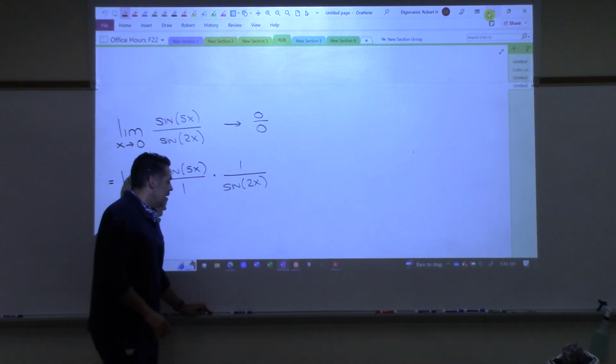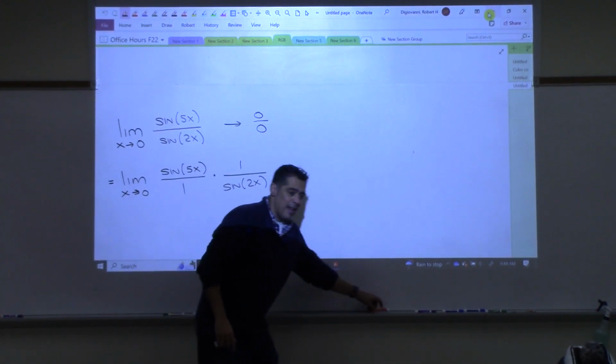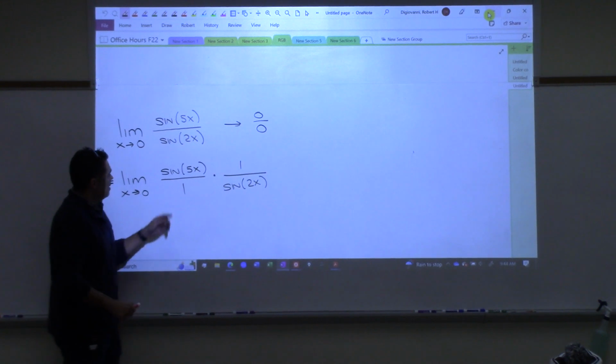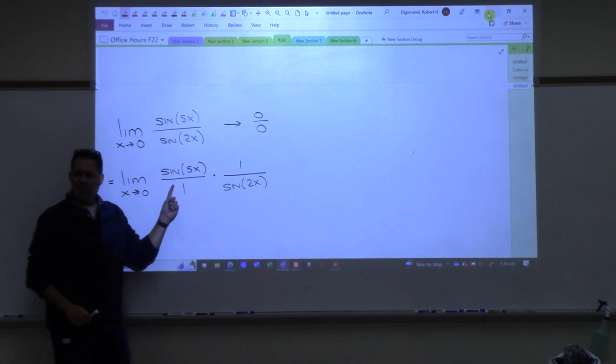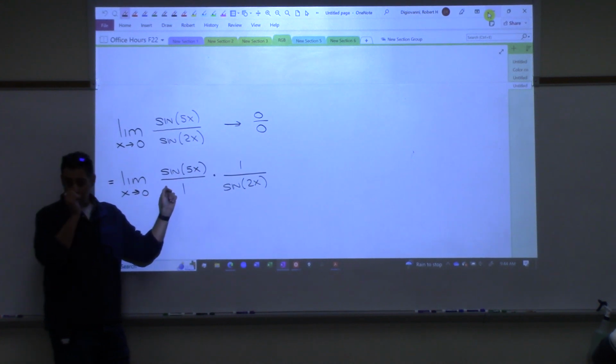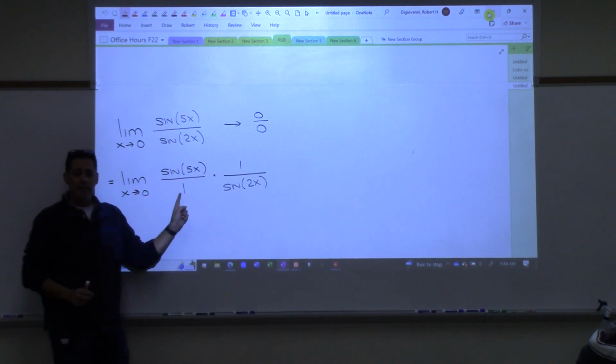So we're looking at this, and we're saying to ourselves, well, you know what? Actually, now that we look at it this way, is this a problem? Is this fraction a problem? What happens if I let x go to 0 here? What do I get on top? 0. On the bottom, what do I get? 1. Is that a problem?